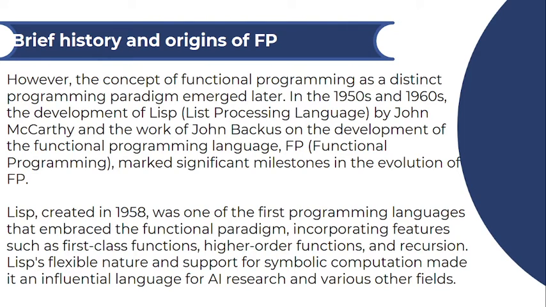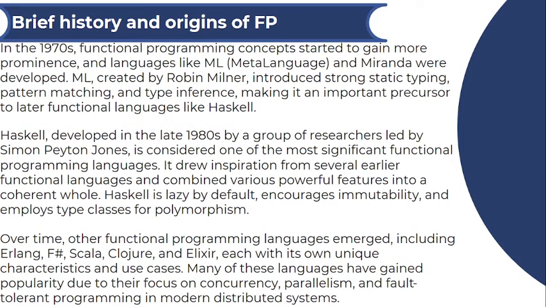Lisp, created in 1958, was one of the first programming languages that embraced the functional paradigm, incorporating features such as first-class functions, higher-order functions, and recursion. Lisp's flexible nature and support for symbolic computation made it an influential language for AI research and various other fields.